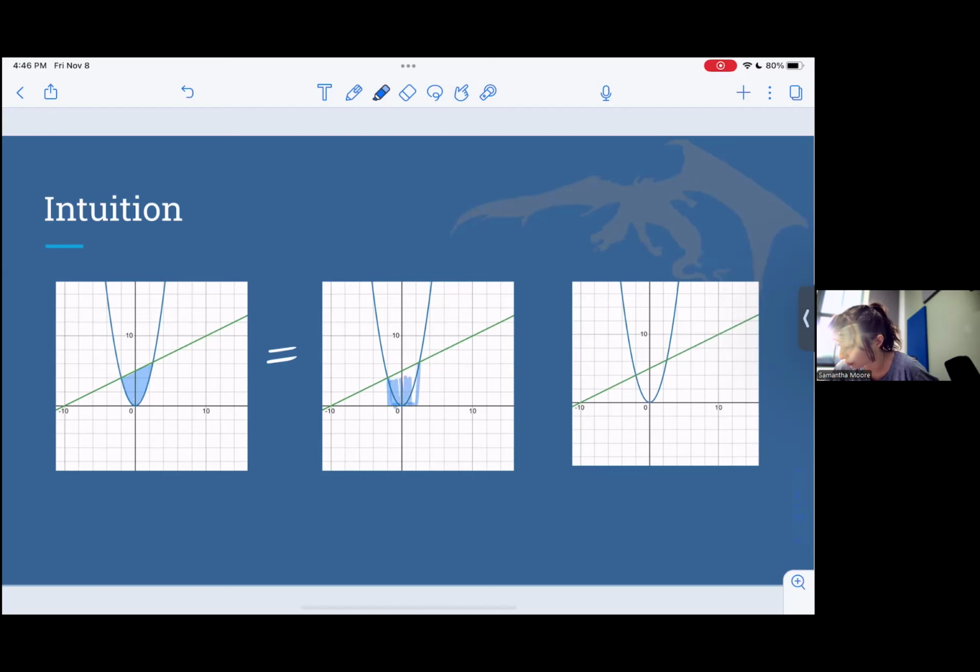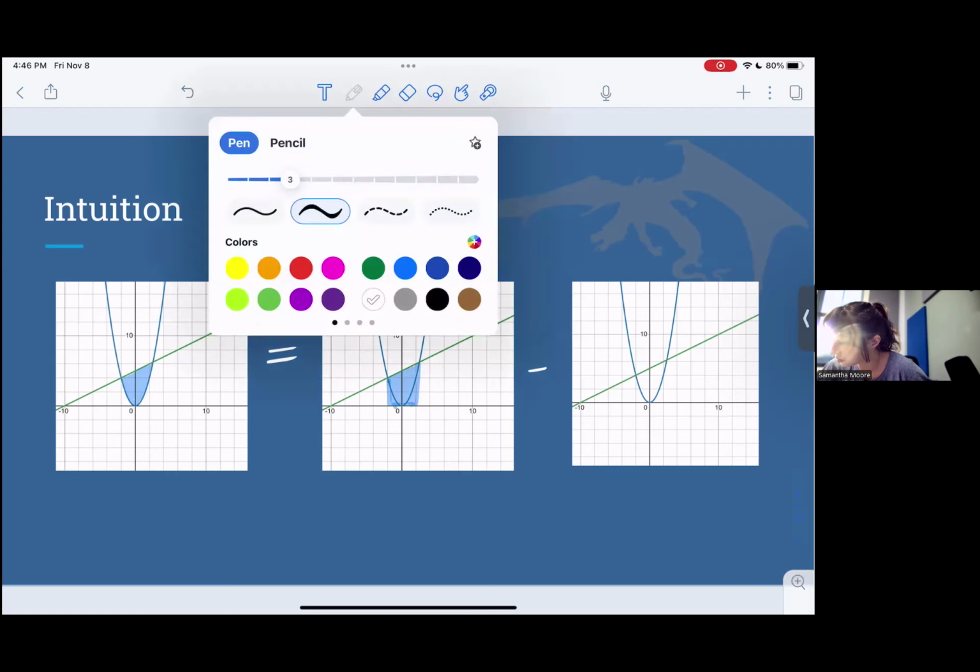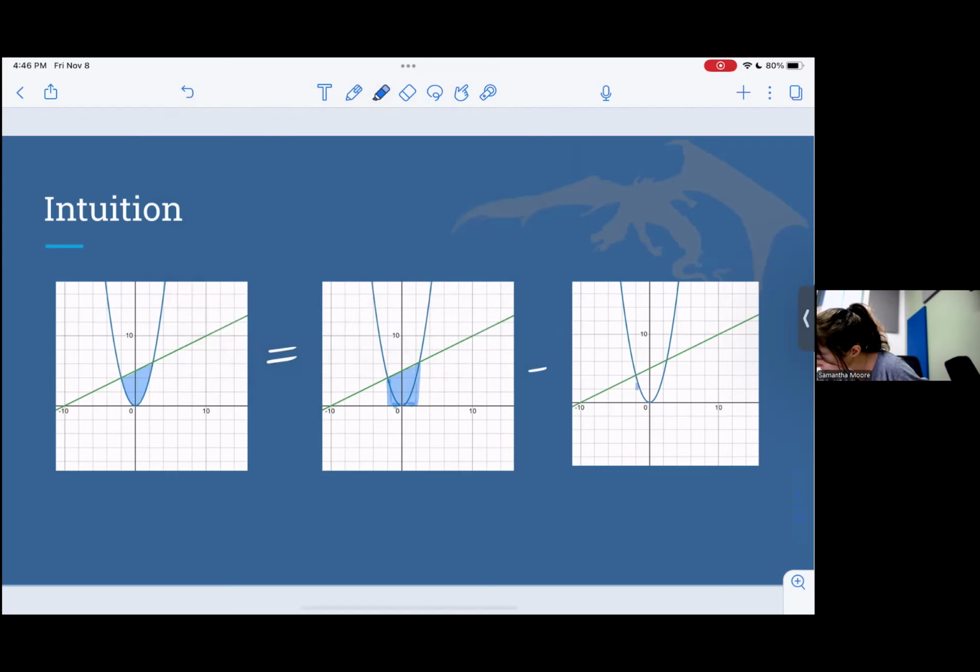So I overshoot it a bit, take too much area, and then I subtract off the excess area that I just threw in. So if I overcount my area and then get rid of the excess, then I really would be just left with the area that I cared about.